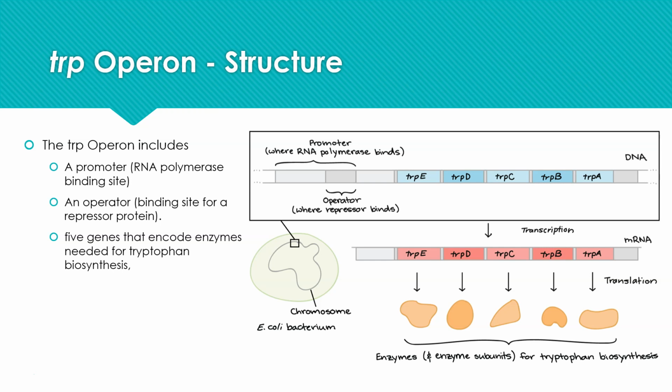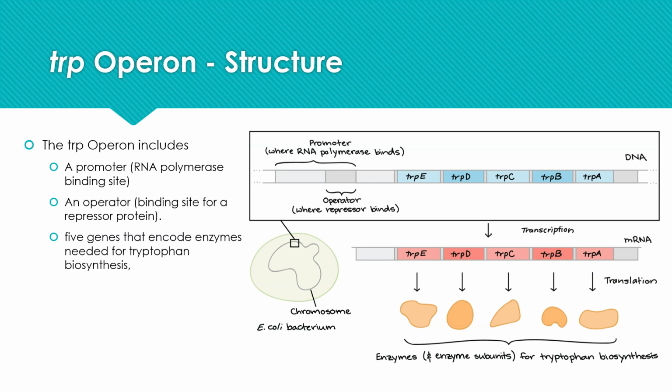These 5 genes will produce enzymes that work together, one after the other, like a chain reaction. And their job is basically, as a group, to produce tryptophan. So that is what we have here. This sequence of genes doesn't produce tryptophan itself. It produces proteins that are enzymes which work together to make tryptophan. So there's a little bit of an extra step in there.